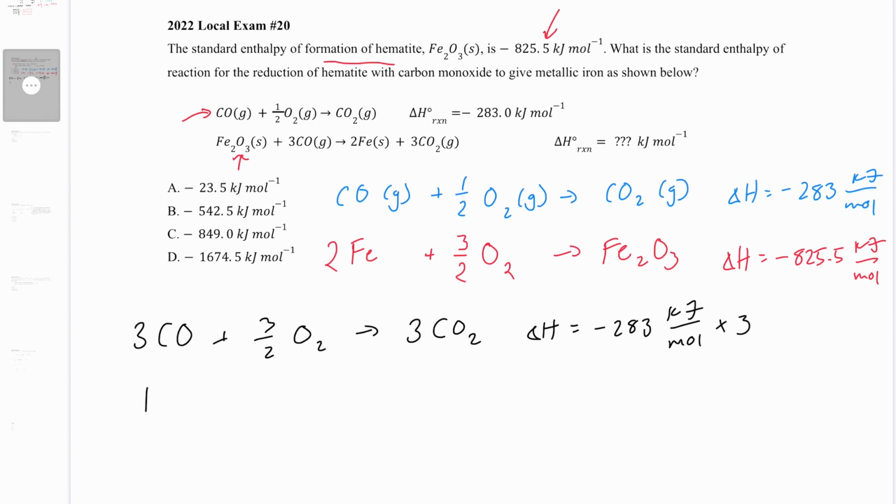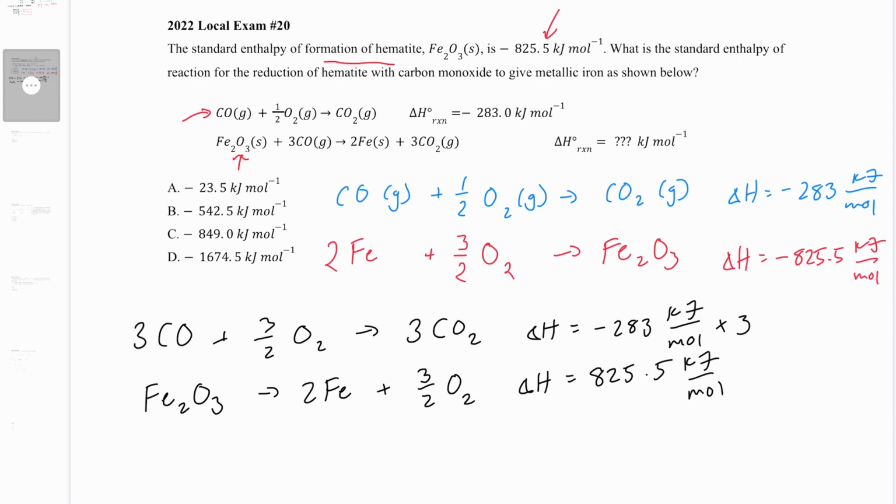So the negated version would have the hematite being a reactant, and it's yielding 2 iron atoms and 3/2 of this oxygen molecule. And the enthalpy change associated with this would just be the negated value of the value we have right now. So we would have 825.5 kilojoules per mole.